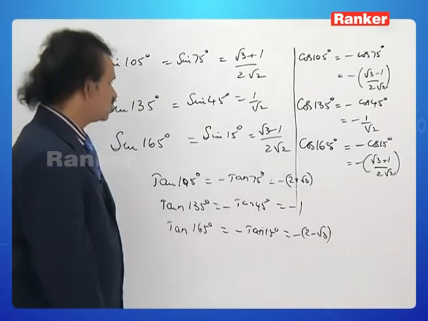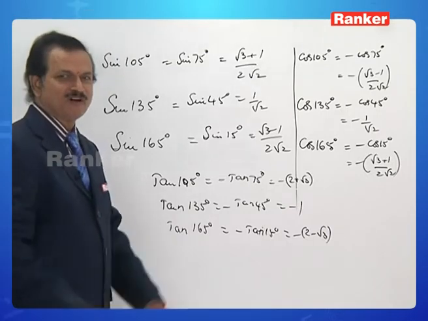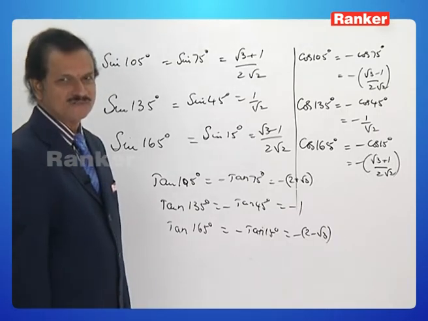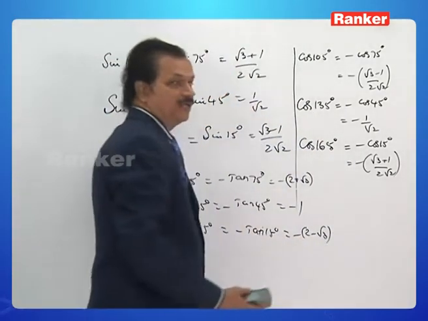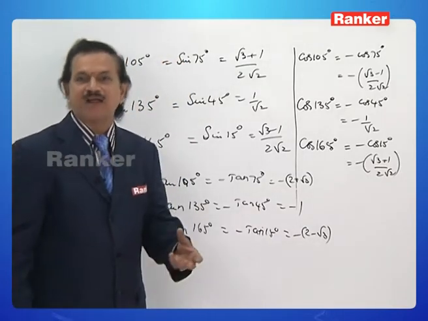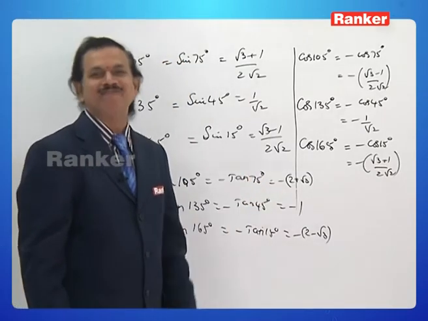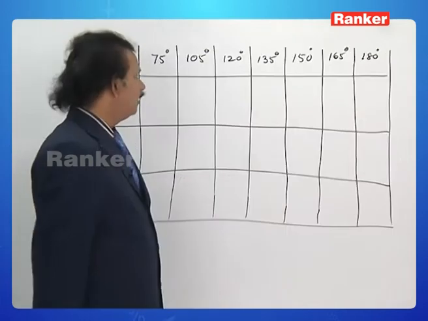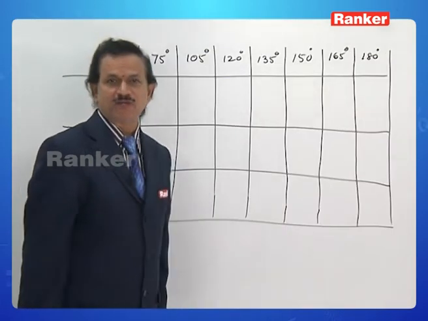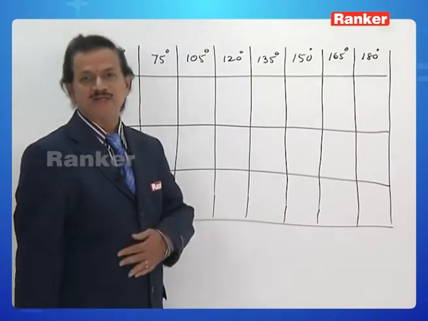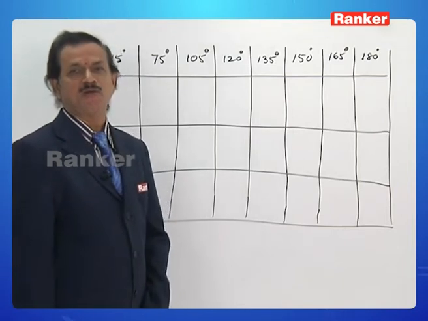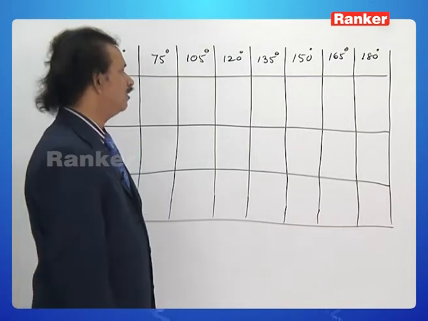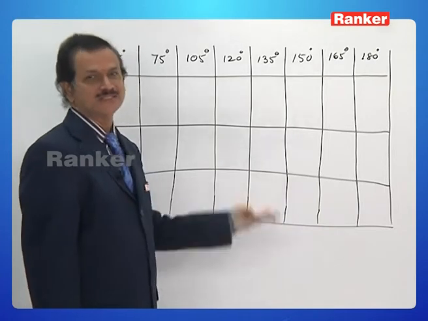Well, let us try to get a tabular form of these multiples of 15, so that it might be a good exercise for us to recollect the values. Let us now observe the multiples of 15. You see 30 degrees, 45 degrees, 60 degrees and 90 degrees are all already known, so I have not mentioned those angles here.